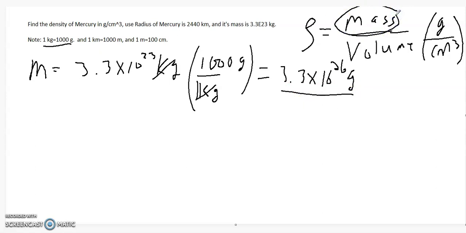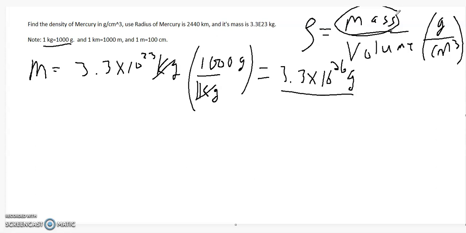Now the volume is a little bit more complicated. First of all, let me write the volume of anything that is spherical. If anything is large enough to self-gravitate, it self-gravitates into a sphere. Things that are too small, like many of the asteroids, are potato-shaped looking things.